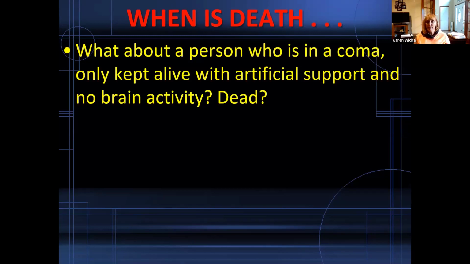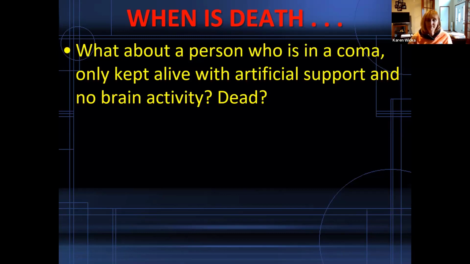Is that still a person? Because if it is, and you take that person off life support, that's a form of a homicide. And you could be charged with that if you were a doctor, a nurse, or a medical technician, or anything like that. So the law had to determine, when are you no longer considered a person?